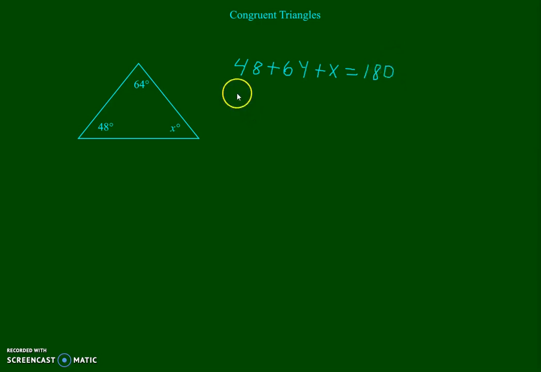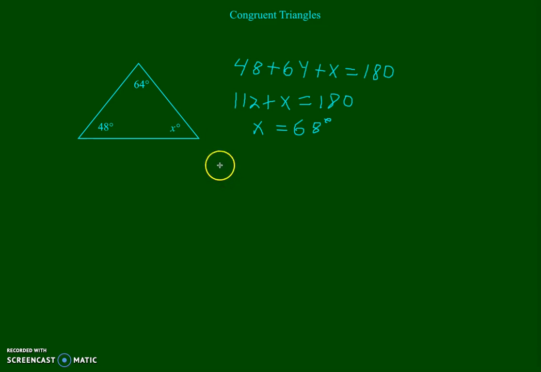So we add these two together, we get 112 plus x equals 180. Subtract the 112, x equals 68 degrees. And so there's a simple example of the triangle sum theorem.